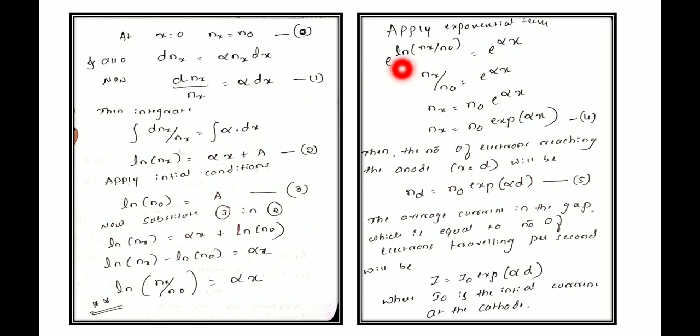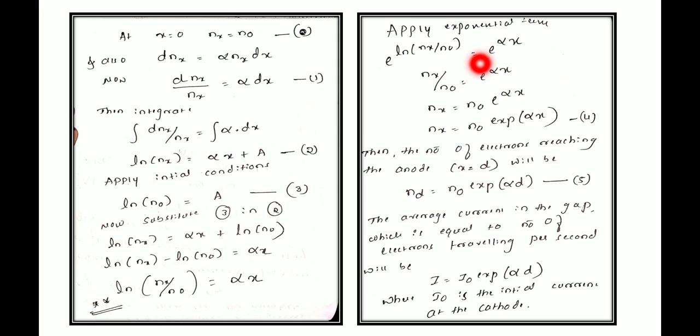Then the ln and the exponential will get cancelled. So n(x) divided by n naught is equal to exponential of alpha into x here. So this is the LHS and this is the RHS.